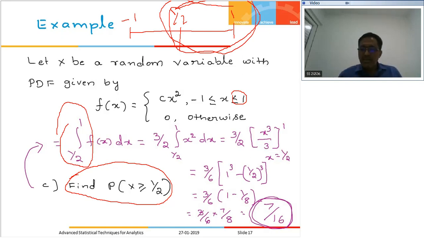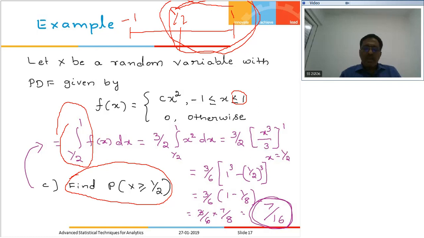Clear, I think. We know that the total probability in the interval -1 to 1 is 1. Now we want to find the probability that it lies in a part of this, which is half to 1. So we have to take the integration from half to 1 of f of x dx.